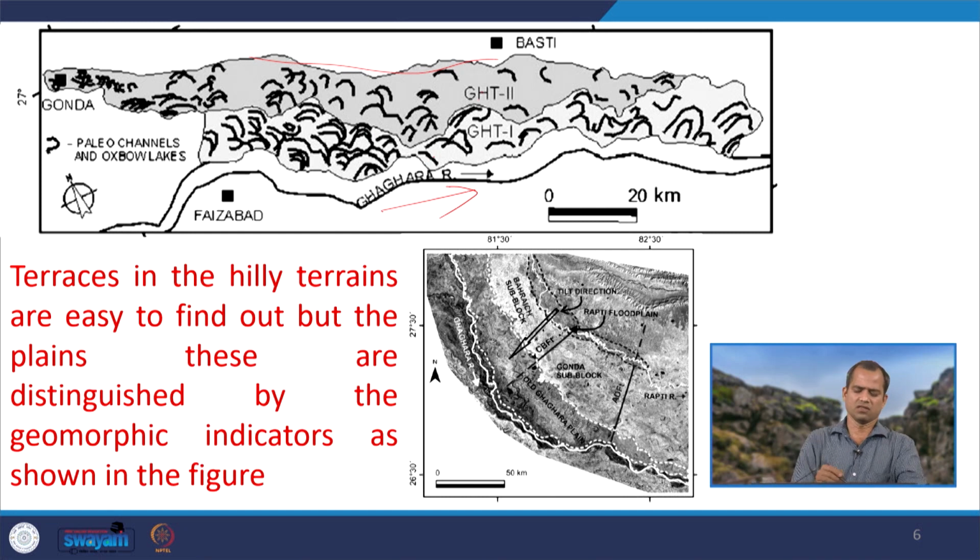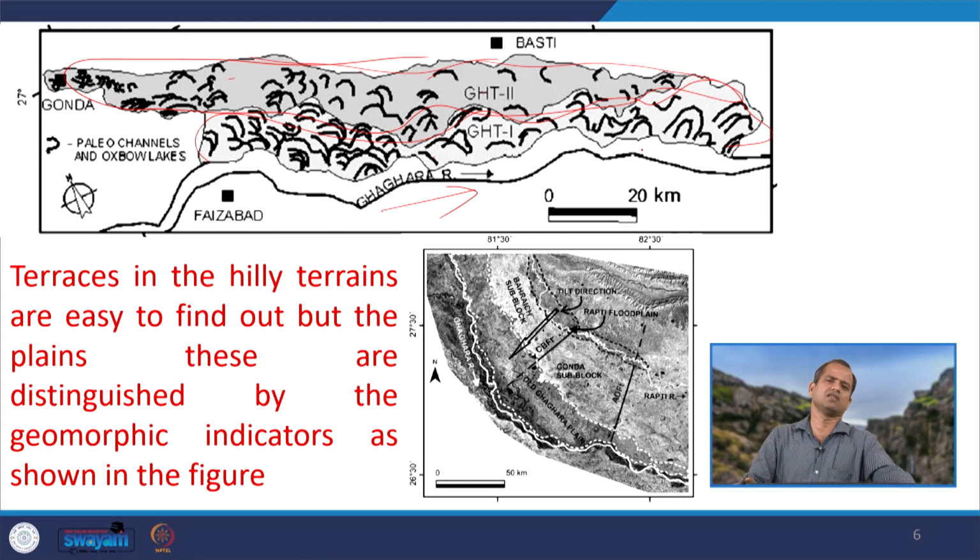If you see the paleo channels, the number of channels here in the older terrace is less as compared to the younger one. Why? Because from the younger one, the river has recently retreated.